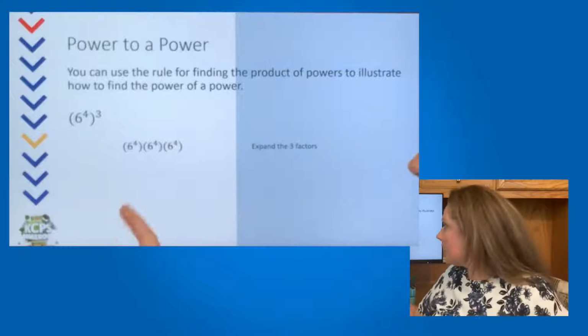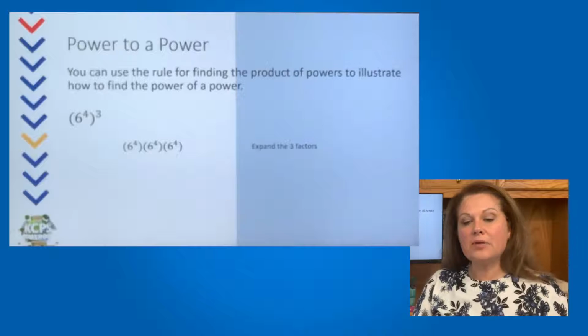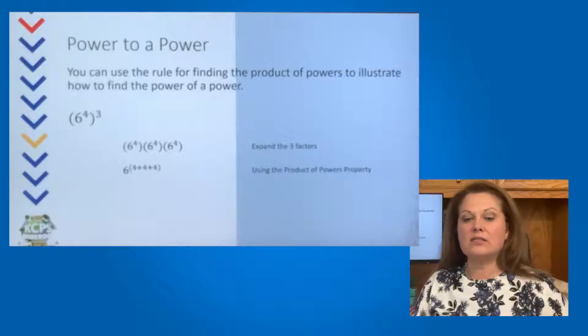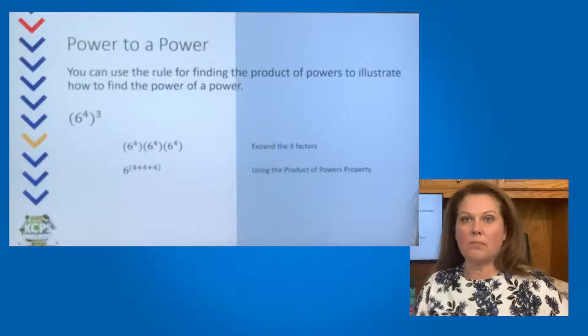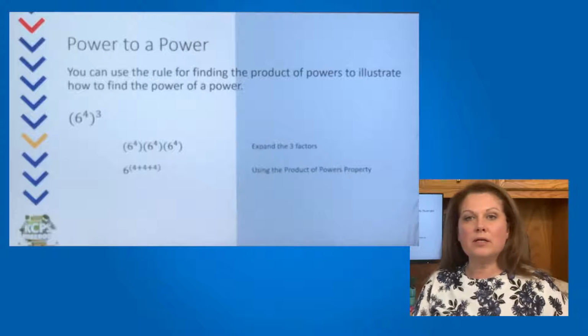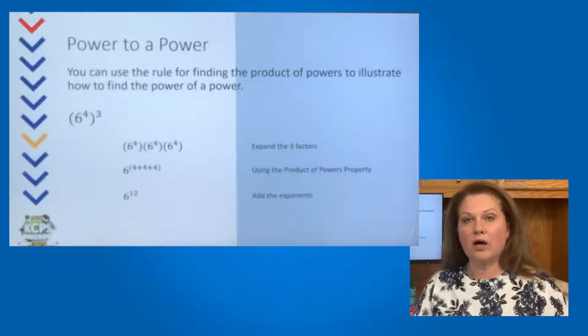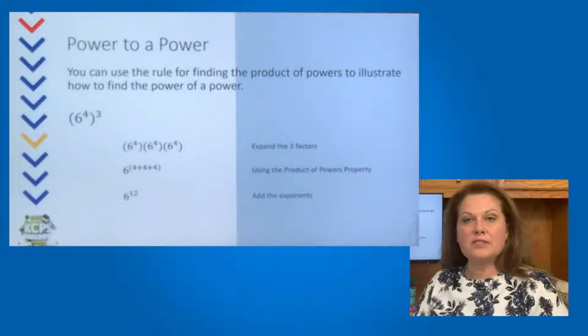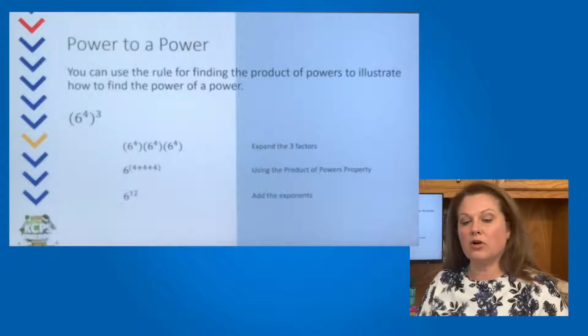And we have the same base, we simply have to add our exponents. So it would be 6 to the 4th plus 4 plus 4. 4 plus 4 plus 4 is 12. So our simplified version of 6 to the 4th to the 3rd would be 6 to the 12th.